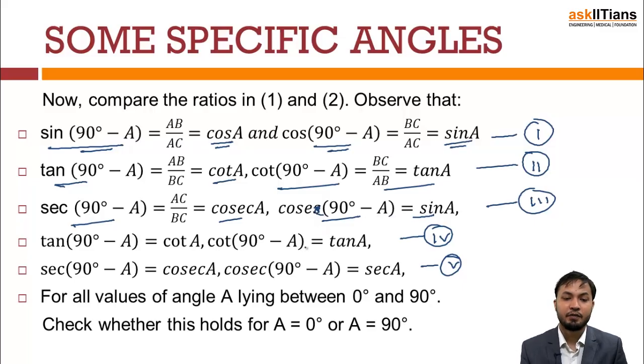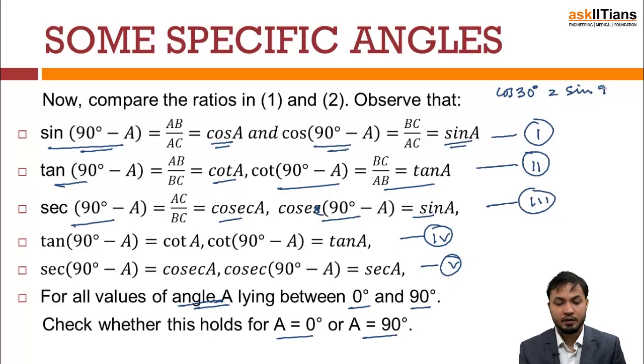So like this, if I define all of them, I get all the different values. Alright, so for all the values of angle A lying between 0 and 90, check whether this holds true. Obviously it will be true. If you remember that we had defined value for cos 30 degree to be equal to sine of 60 degree, right?